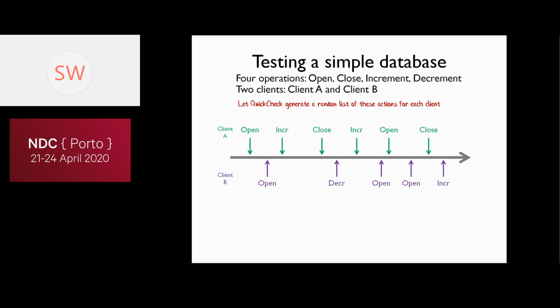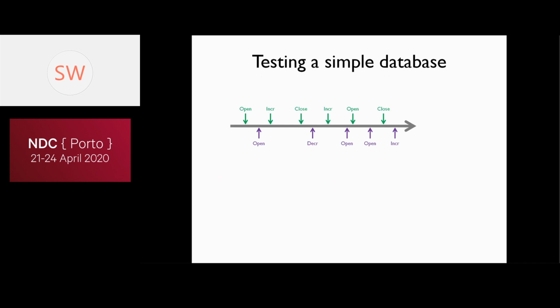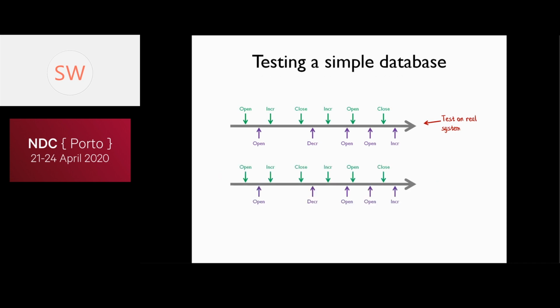Now, how do we actually use this to check that our database actually works? Well, what we do is we take these operations and we run them on the real system. But at the same time, we take the same operations and we test them on a very, very simple model, like an in-memory accumulator in our case. So we're just adding and subtracting 1 in memory. For example, in our model, we start with 0, and then A increments it by 1, and then B decrements it by 1.